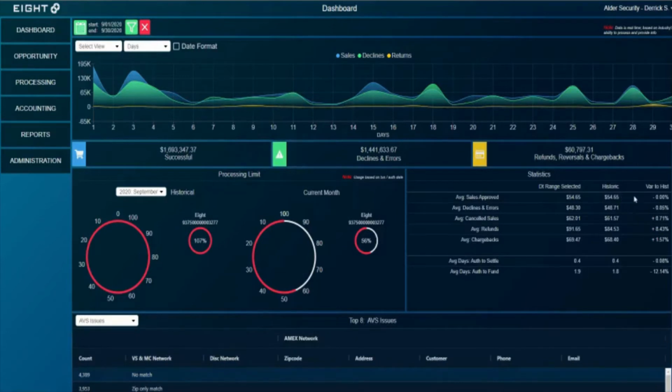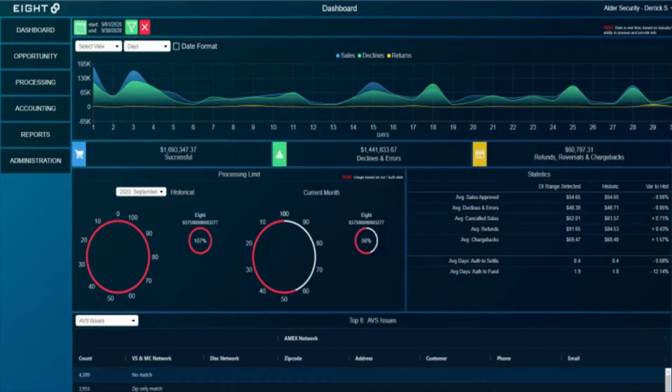So during this month, they have a recurring product, so their average ticket equals what they do historically, with no surprise there, because it's a recurring product and they always charge the same thing month after month on a 3- and 5-year contract. The declines for the time period came down a little bit to historic, but cancel sales went up a little bit.